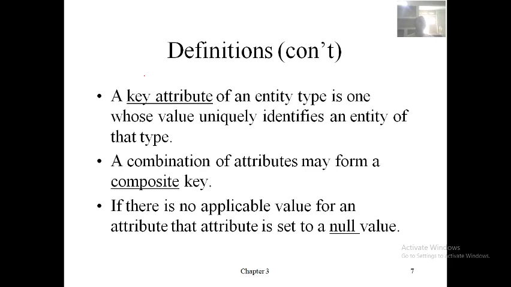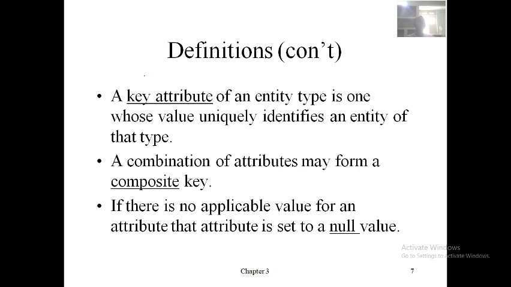Got it? Then a combination of attributes may form a composite key. See here, if you go back to your Thursday's lab, we took two attributes in one of the tables. Both together form a unique key or a primary key.